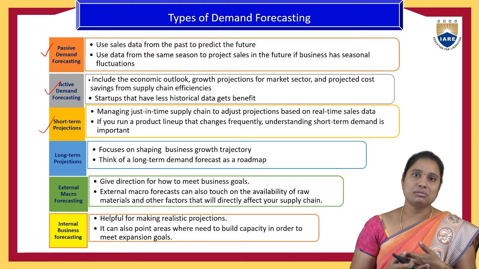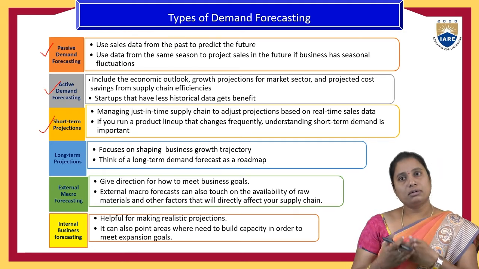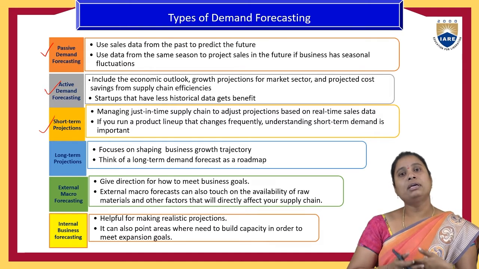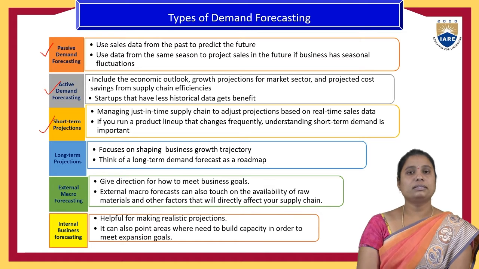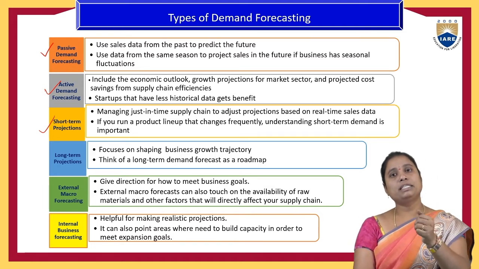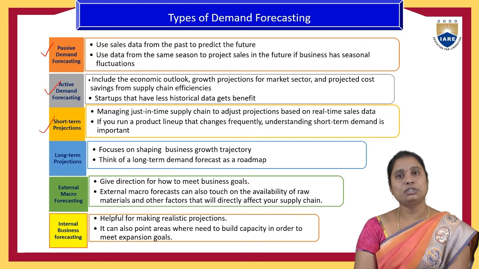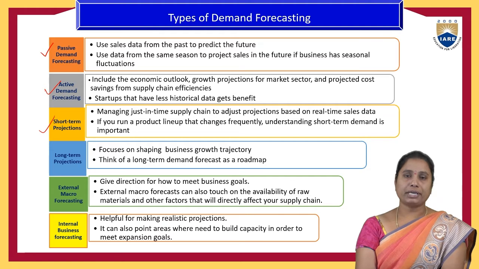Within 6 months, the fashion might change. So if a particular product has a short time span in the market, and they estimate on that basis, that kind of estimation is called short-term projections in demand forecasting.